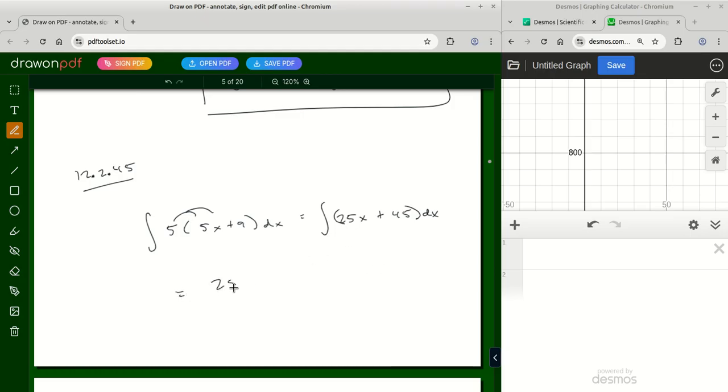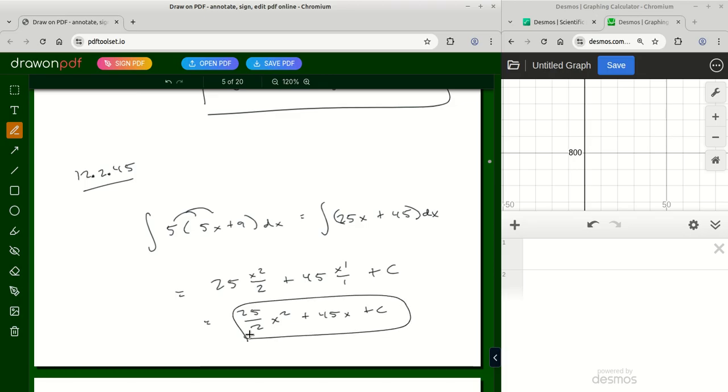You're still going to add 1 to the power and divide by the new power. That was a 0, now it's a 1. You don't have to do the 1s, of course. Plus c. So we got 25 over 2 x squared, plus 45x, plus c, and we're done. We did it. It's not a hard problem at all. This is a 12.1 problem.